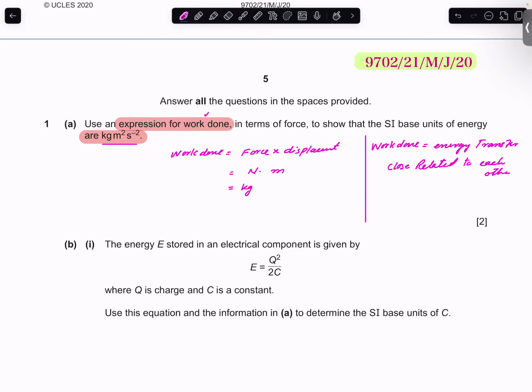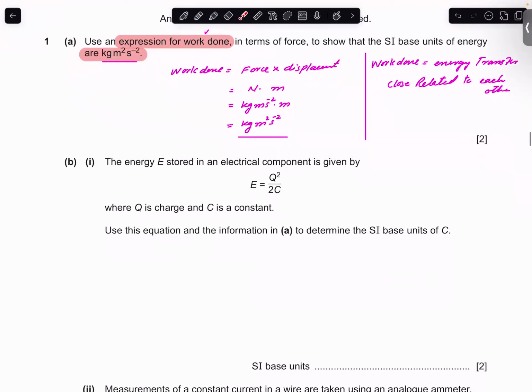Newton is equal to kilogram meter per second square, multiplied by meter. You know the mathematics rule: if the bases are the same, powers can be added up. So the final answer is kilogram meter square per second square. Hence, it is proved that the unit of energy is kilogram meter square per second square.